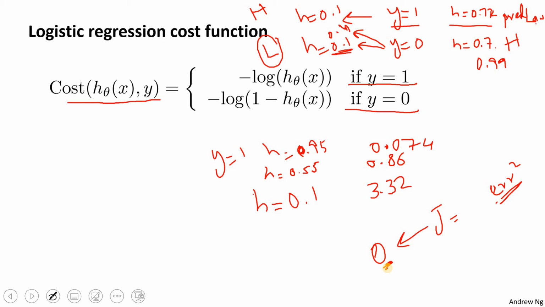So overall, whatever prediction I am making will have an effect on what error I have. The same concept is applied below for y equal to 0, but the only difference is I am subtracting from 1. When I subtract it from 1, it is almost the same thing, but now I am caring more about 0. For example, if I predict 0.1 when y is 0, then 1 minus 0.1 means 0.9.